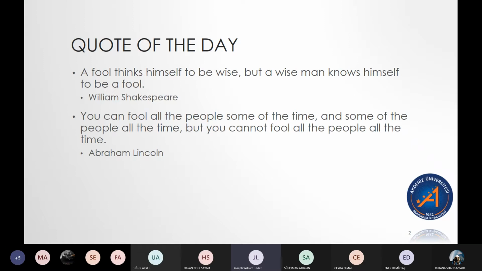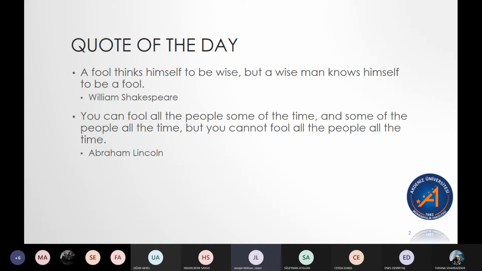But William Shakespeare says, "A fool thinks himself to be wise, but a wise man knows himself to be a fool." So we need to be careful, make sure we understand that we don't always know everything, right? That we can learn from our lack of knowledge. That's part of what learning is all about, understanding that what I thought I knew may not be really accurate.